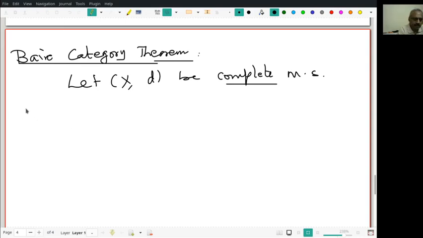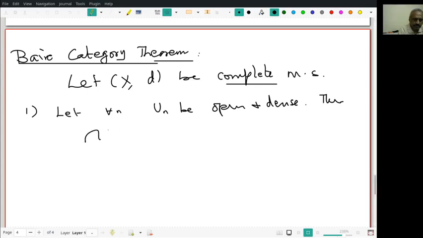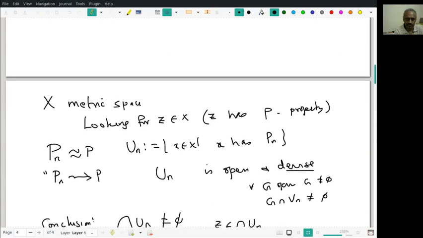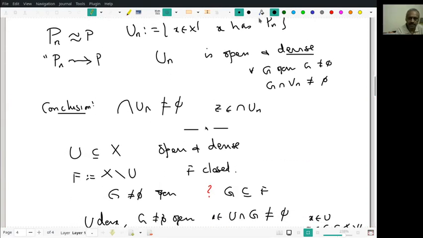The first version says: for every n, let U_n be open and dense in X. Then the intersection of the U_n is not empty. Notice that this is the way we started.